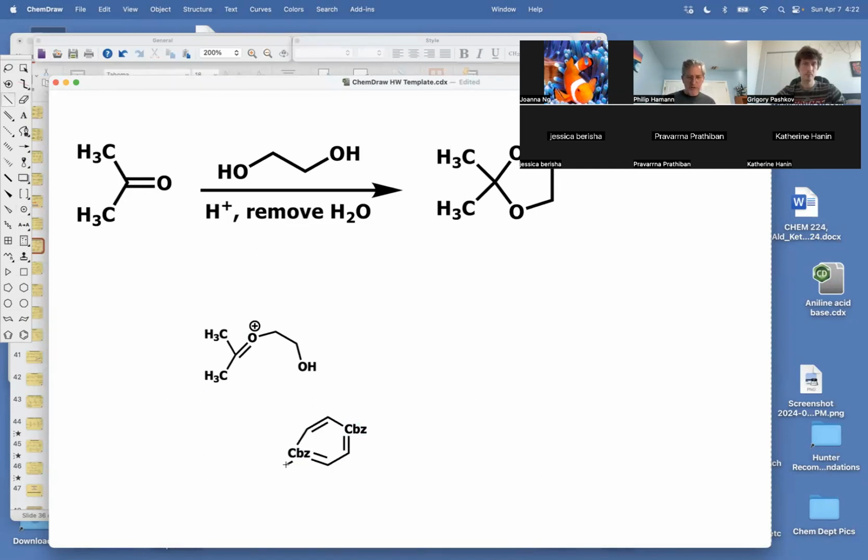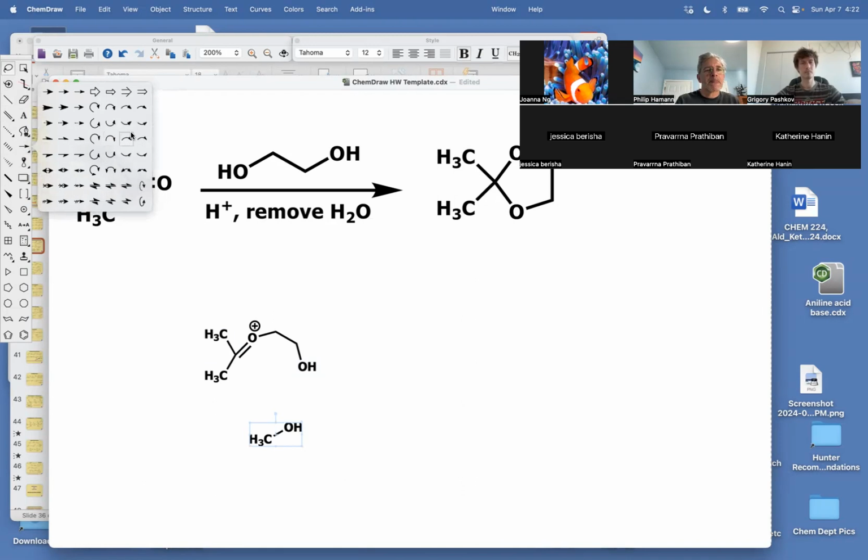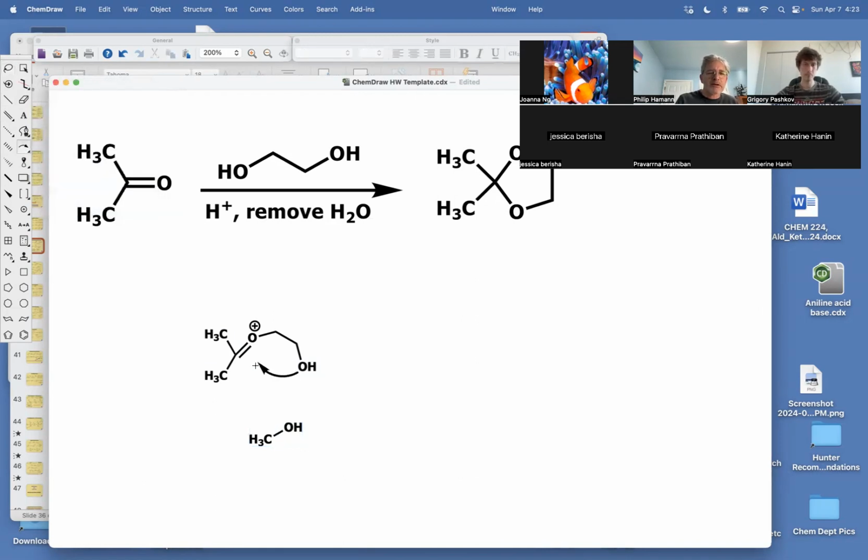Let's say we have a little methanol around, not really a solvent, and we have this as the intermediate. Which one has the advantage in finding that carbon? This one or this one? Which one can win the race to close the ring? Yeah, the first one, the one on the ring. That's the entropic advantage.